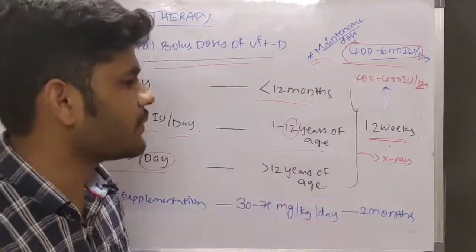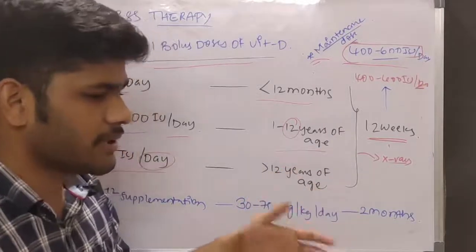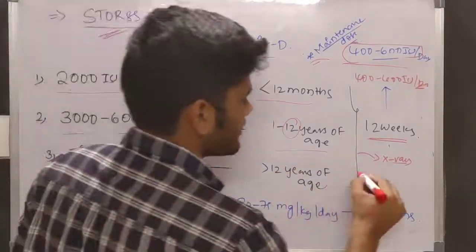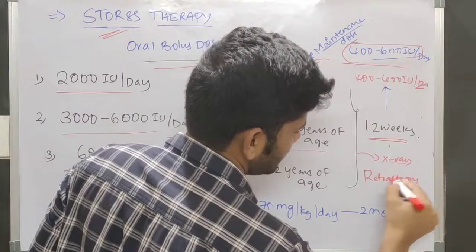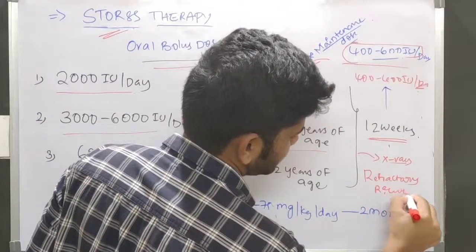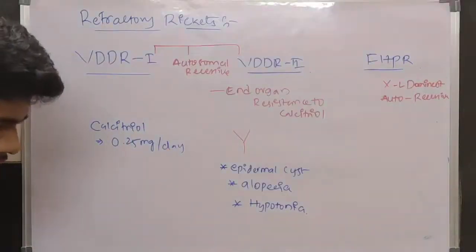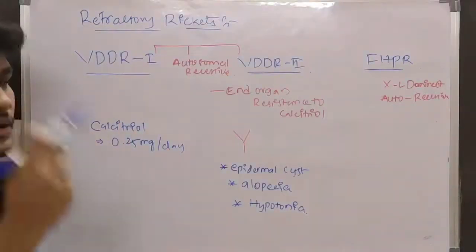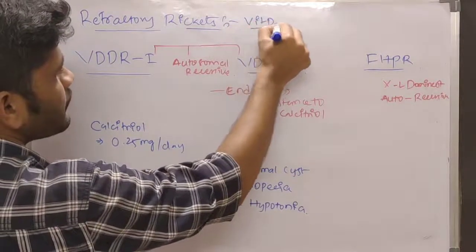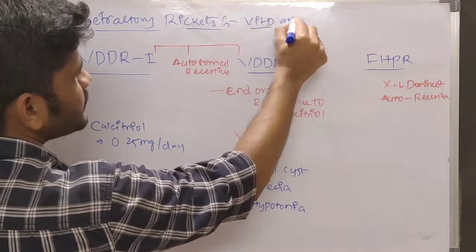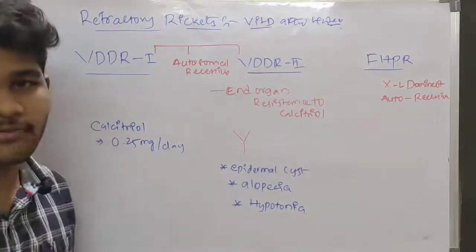But if no radiological improvement is observed, we suspect refractory rickets. Rickets which is not responding to the vitamin D therapy after 4 weeks is considered refractory rickets.